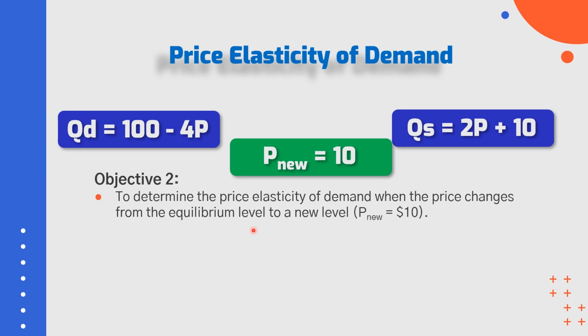Substitute P, which equals $10, into the demand equation in order to find the quantity demanded. Remember guys, we are talking about the price elasticity of demand in this case, not the price elasticity of supply. So we're going to be working with this equation, not this one. This is the right equation we need, this is the wrong equation.